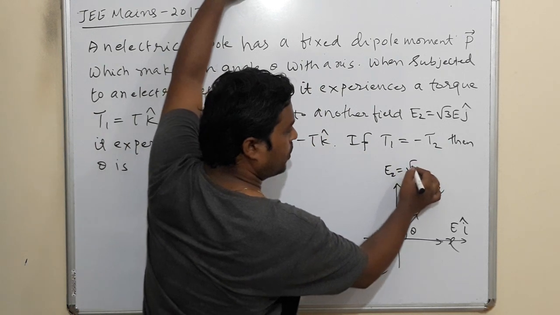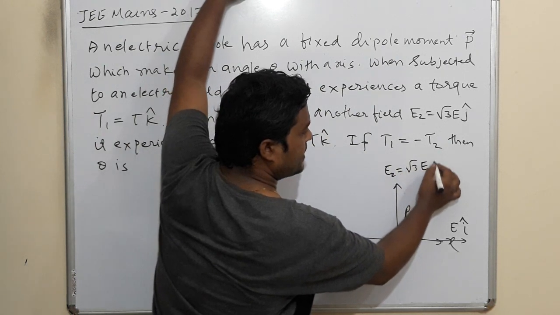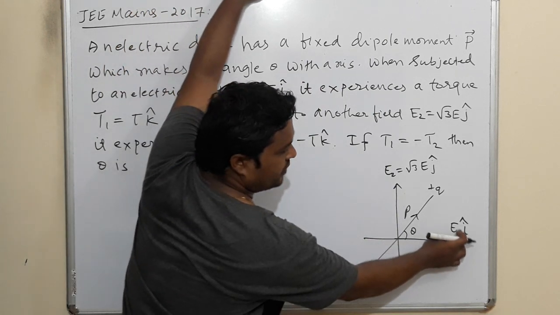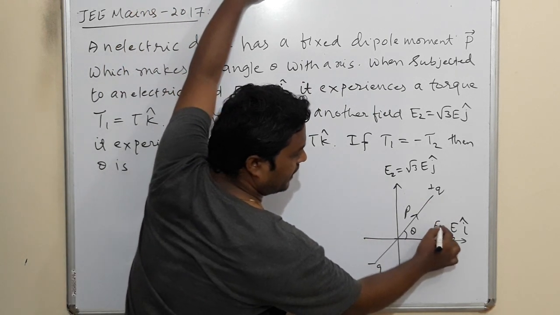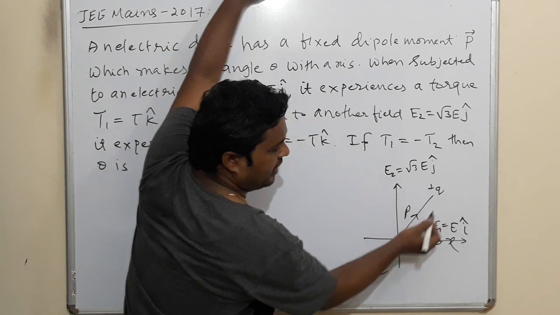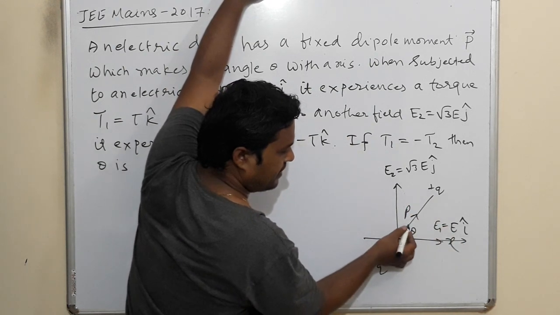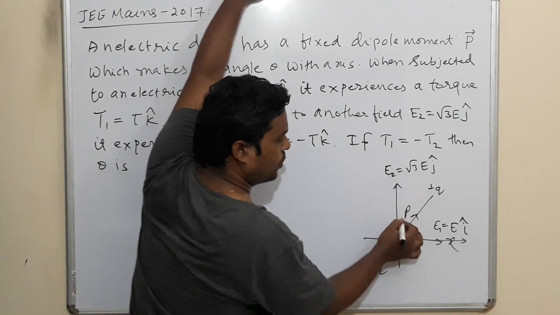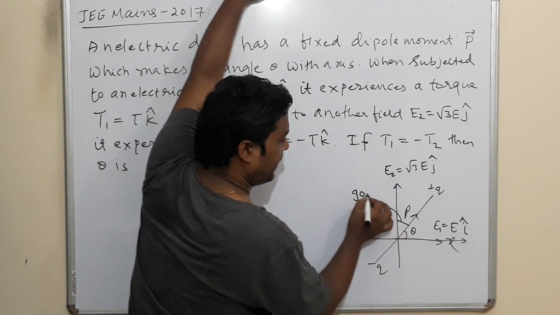Now, if the angle between P and E1 is theta, then the angle between P and E2 will be 90 minus theta.